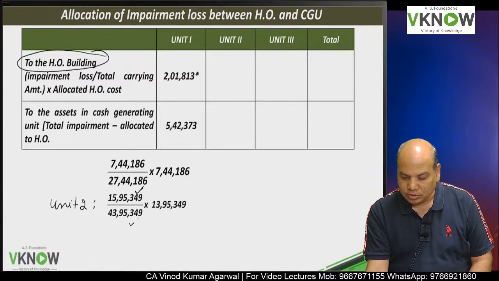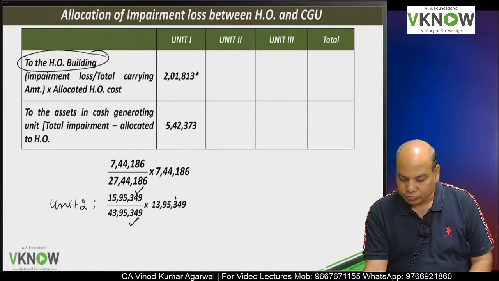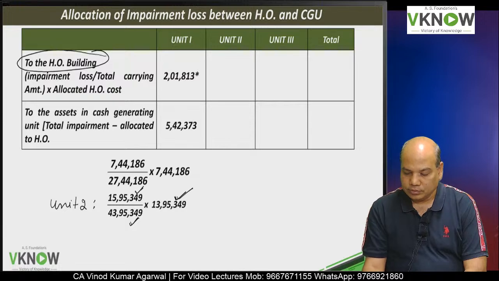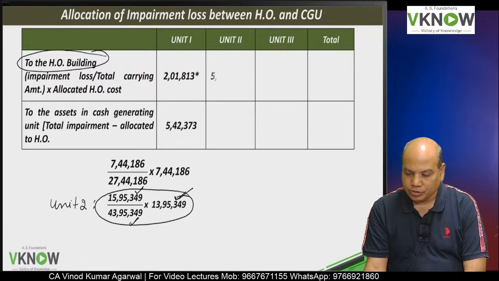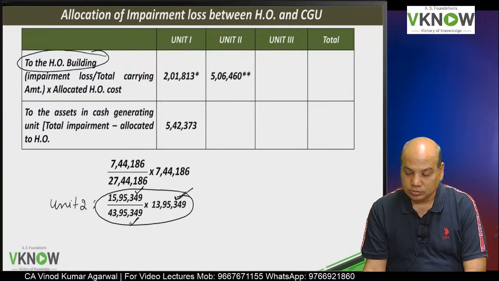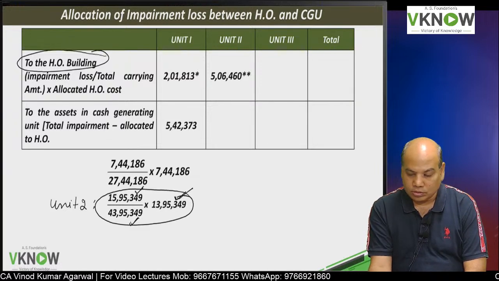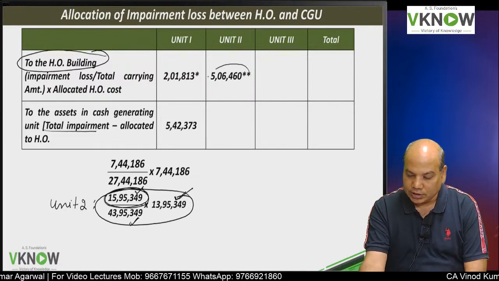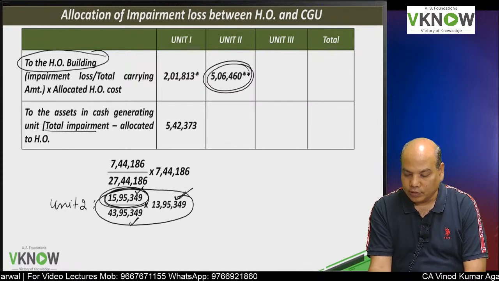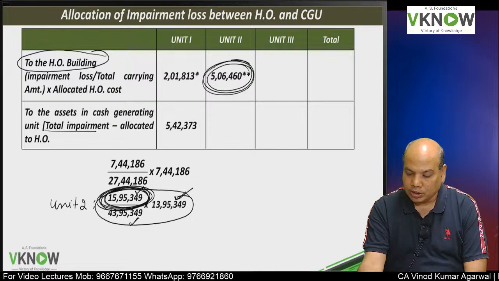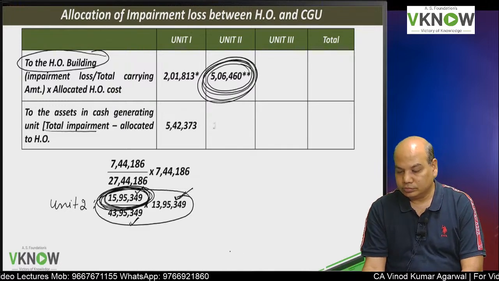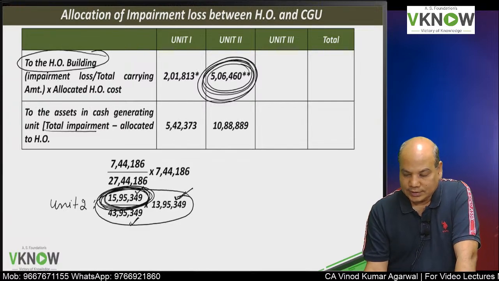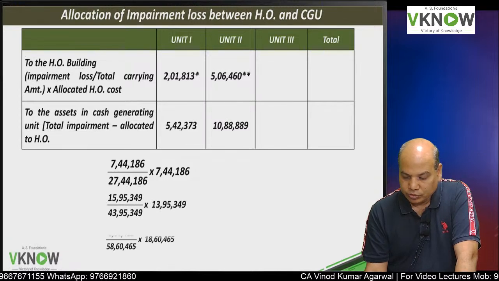Impairment loss divided by total carrying amount into allocated HO cost. Please solve this part. You will get 506,460. Total impairment loss is 1595349 minus 506,460, 1088889 will be allocated to assets of the CGU. Okay, now write unit 3 here.